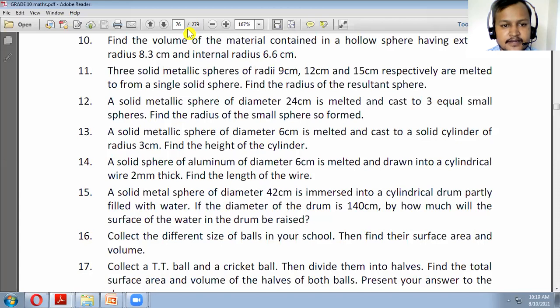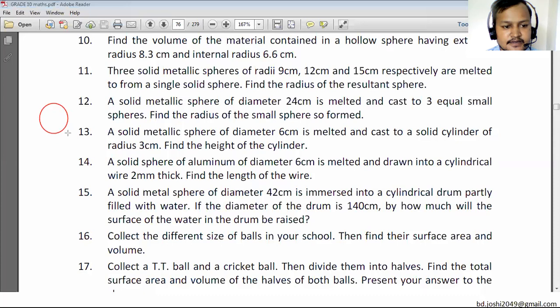Combining the 3 small spheres, by melting the 3 together, a big sphere is formed. So it is said to find out the radius of this resultant sphere.